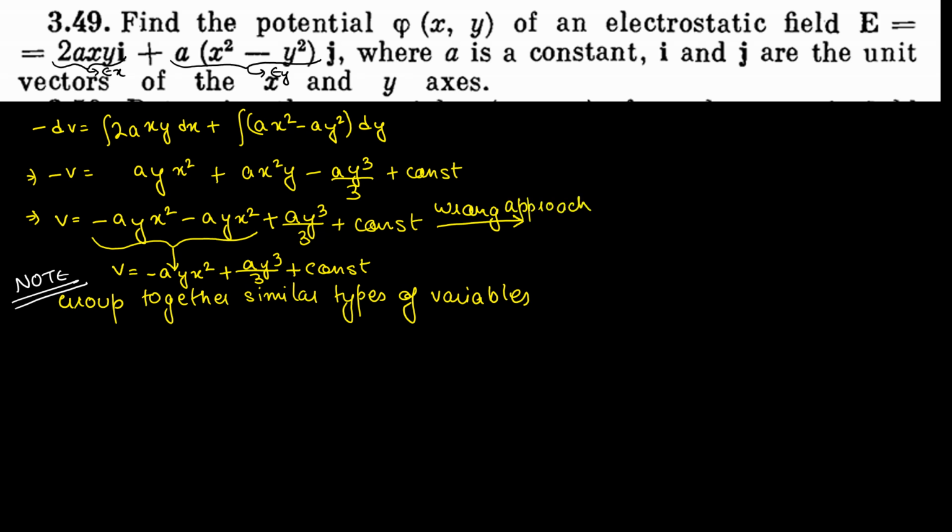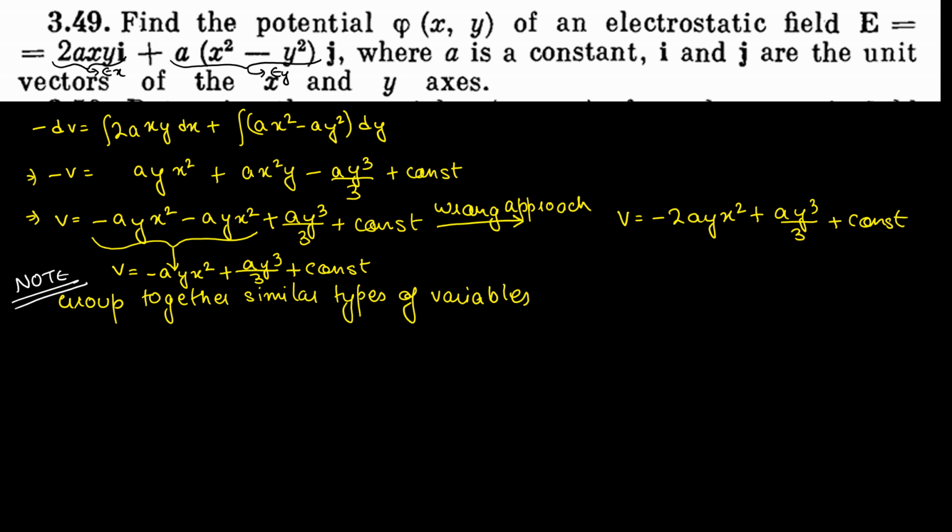If I do V is equal to minus 2ay x square plus ay cube by 3 plus some constant, I'll explain why this is the wrong approach. If I differentiate this term, electric field is equal to minus dV by dx i minus dV by dy j minus dV by dz k.